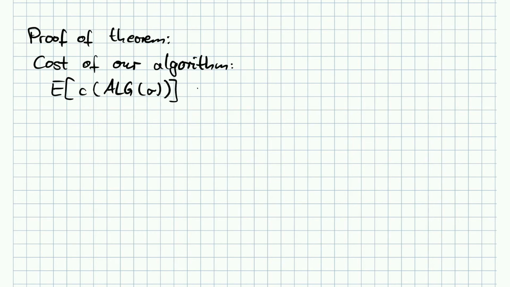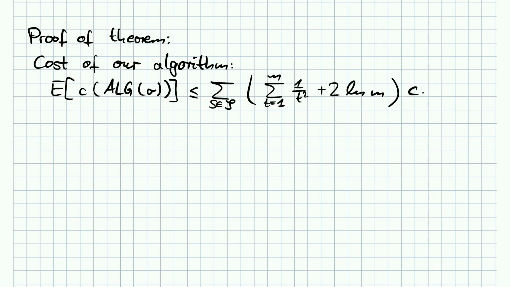This is, at most, the sum over all sets, and for each of these sets, take the bound that we've just derived as to how much cost we are spending on this set.